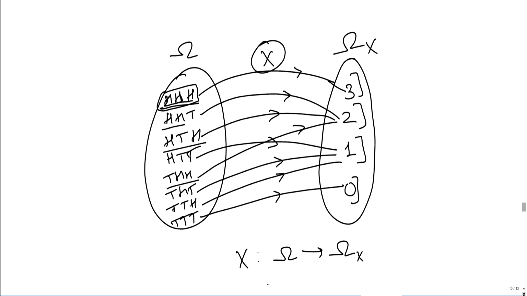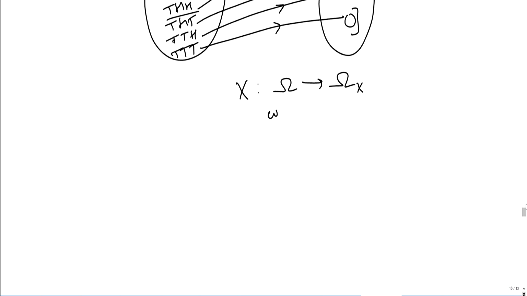How? If small omega is an element of your original sample space capital omega, then X of omega is equal to small x, such that small x belongs to omega x. And how exactly it works? That depends on how you define this function.